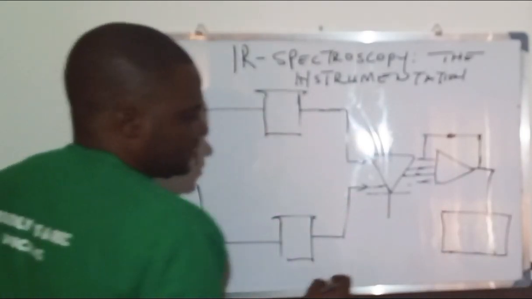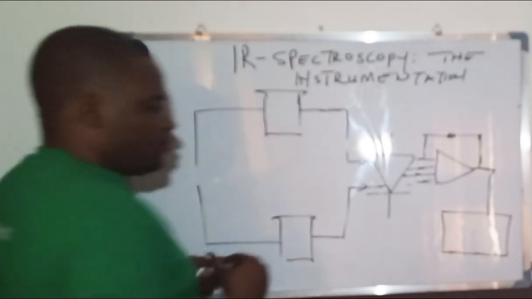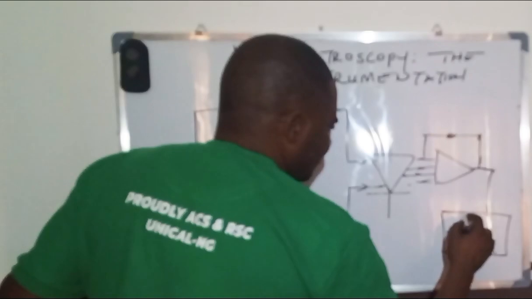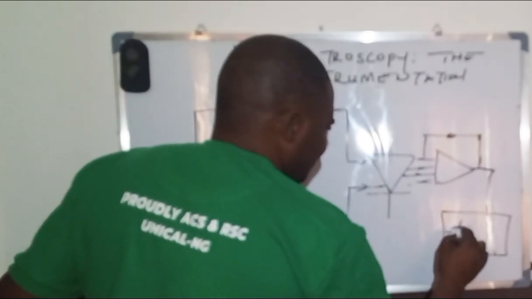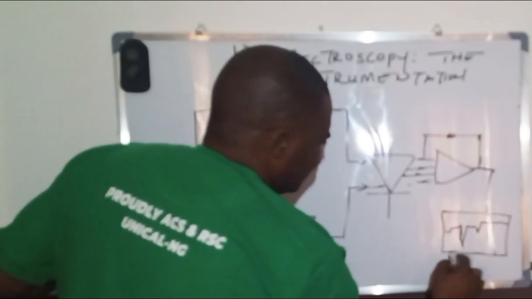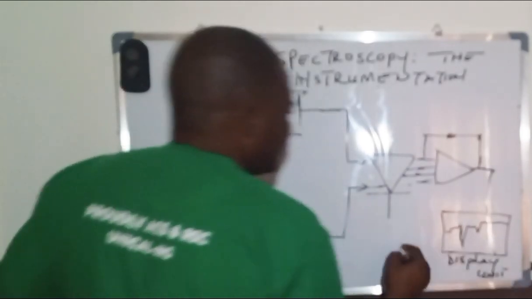This will bring us into what we now call the data cell, which you can call the display unit, and this display unit of course will give us information like this. So this is our display unit.